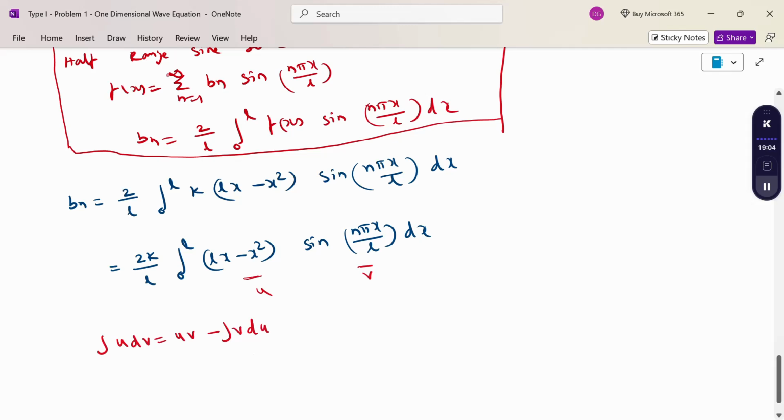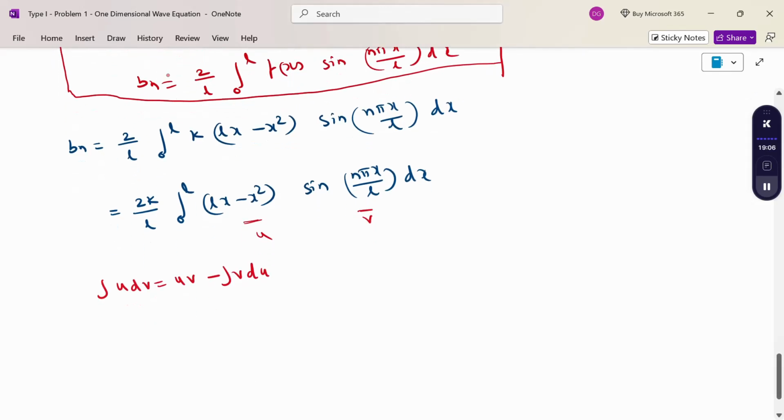In similar continuation, I write integral uv dx equals u v1 minus u dash v2 plus u double dash v3 and so on. For this, u dash and u double dash are the derivatives, that is differentiation, and v1, v2 are integrations.